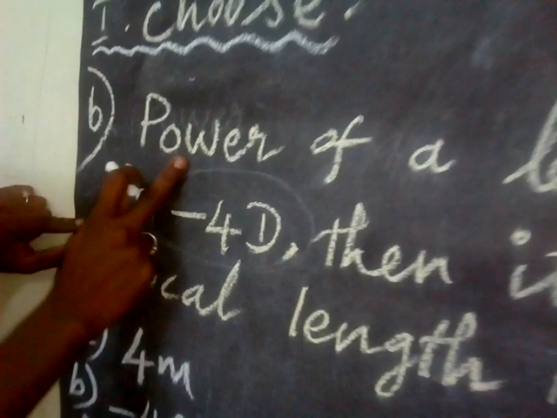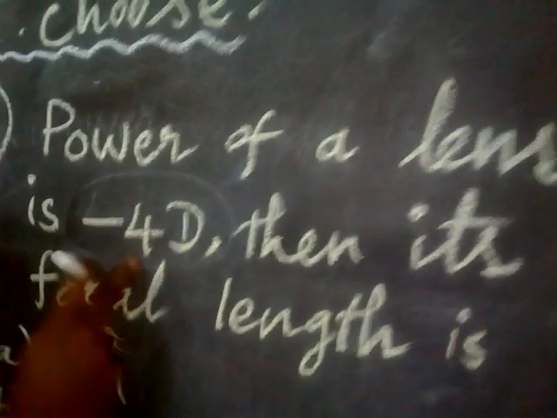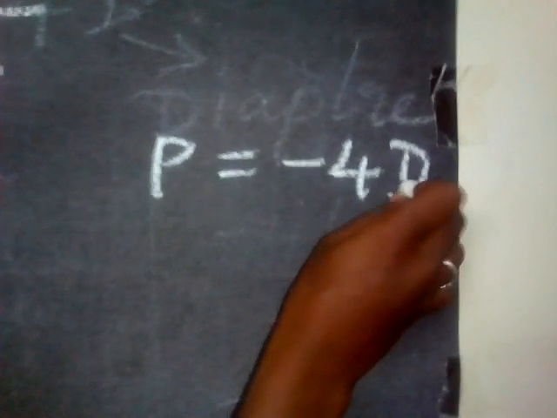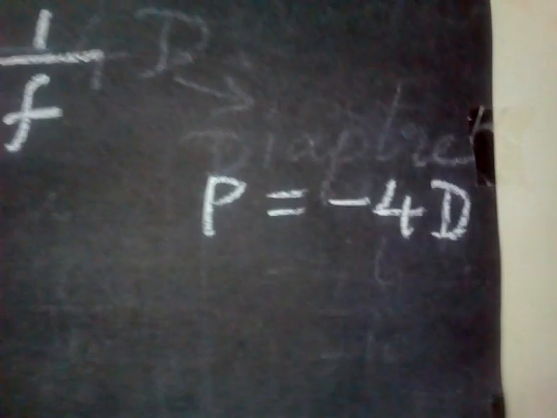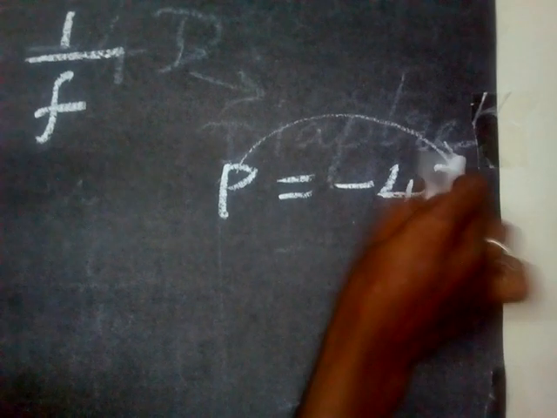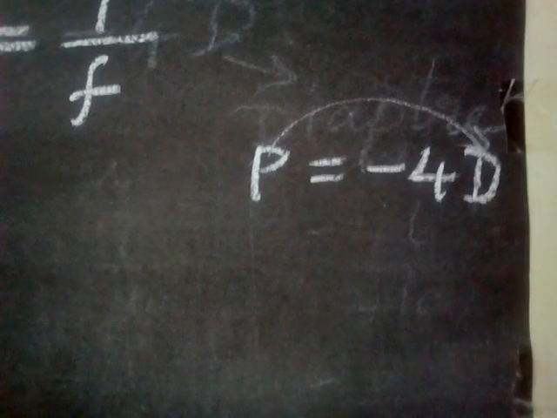From the question, they have given the power of lens is minus 4D, so P is equal to minus 4D. What is D? The unit of power of lens is diopter, and the diopter symbol is capital D.